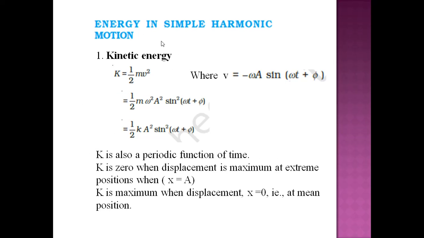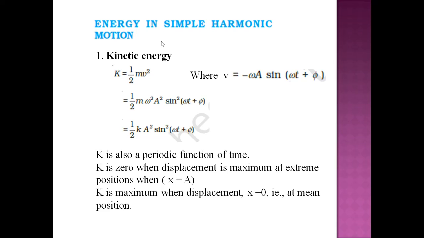Next, we will see what is the energy in simple harmonic motion. The oscillating particle has both kinetic energy and potential energy. Kinetic energy is given by the formula half mv squared. We saw the expression for v equal to minus omega a sine omega t plus phi.